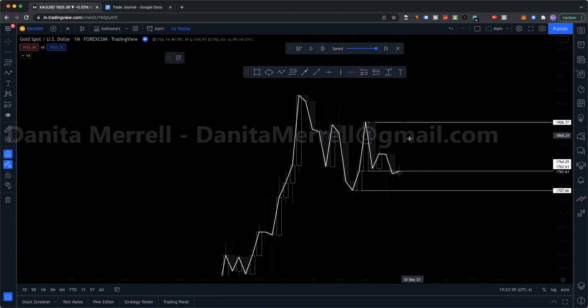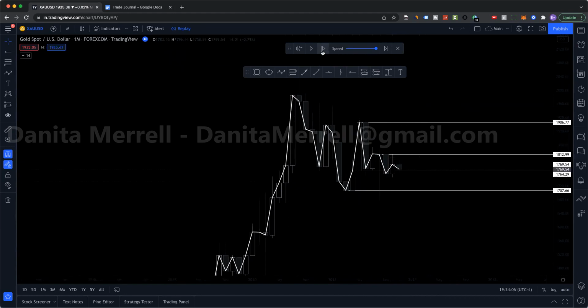Okay, new monthly resistance. See how price reacts towards these areas. Okay, new monthly support, but weak support because it's not a break.